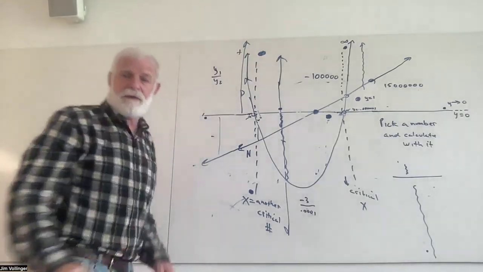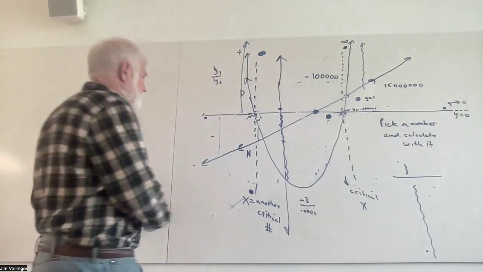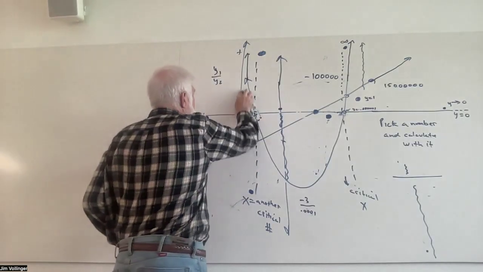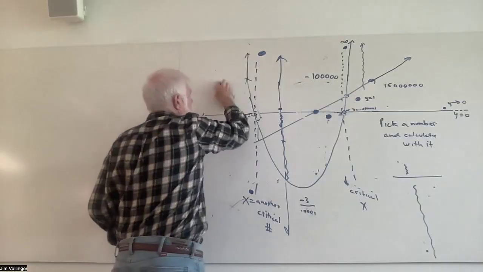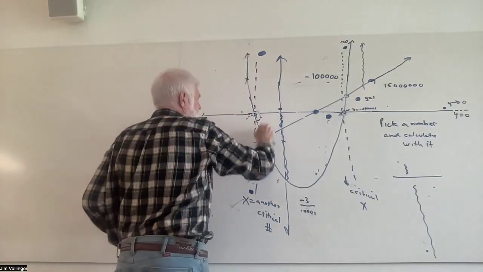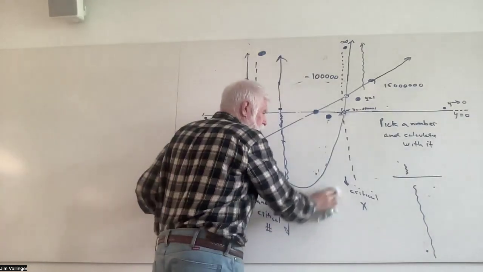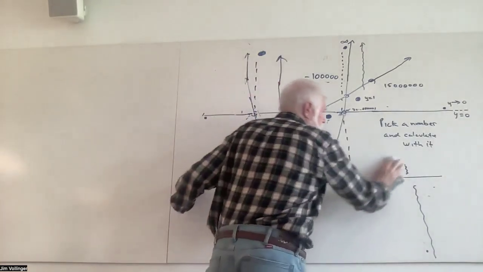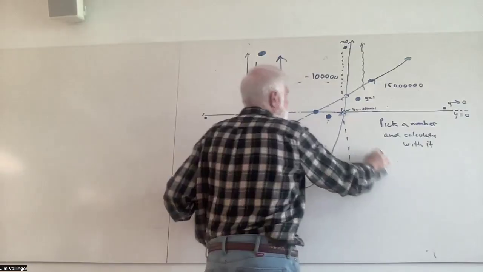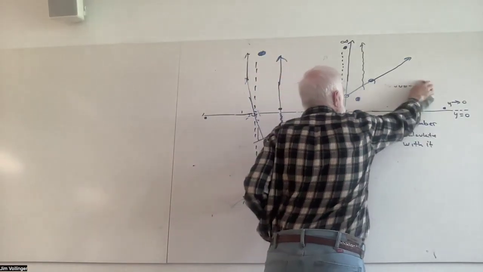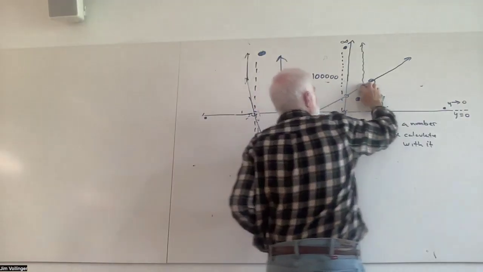All right, now I'm going to erase everything except the dots. We're going to see what our graph looks like when I connect the dots. And then we'll do it symbolically. And we'll see if the graph takes on more meaning.